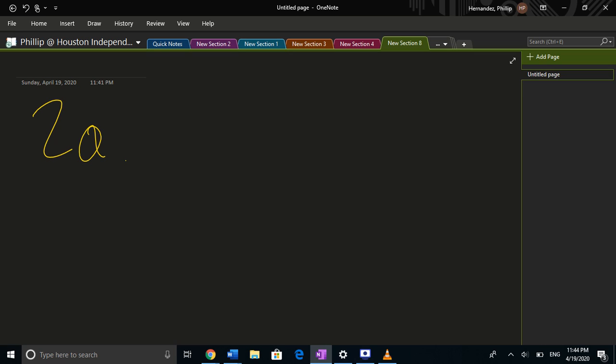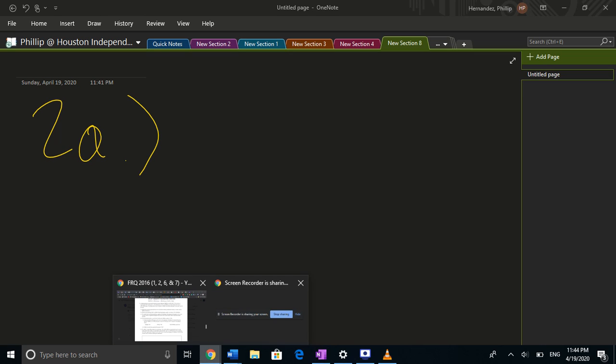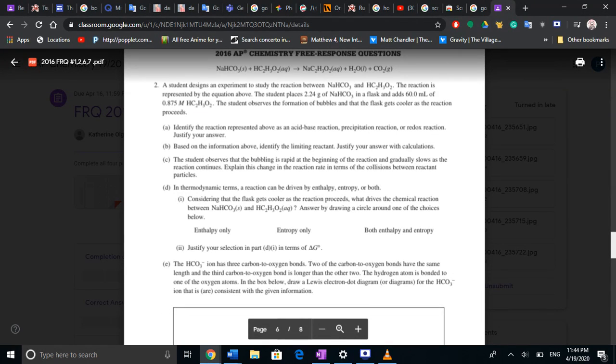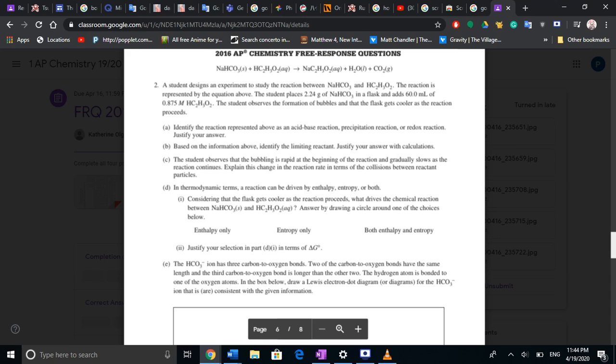However, for the next one, they asked us, is this acid-base or redox? Now, obviously I don't remember all of my oxidation rules. I only remember the ones pertaining to metal.